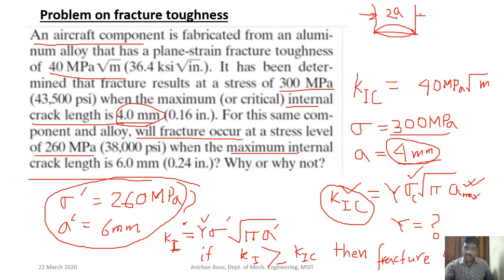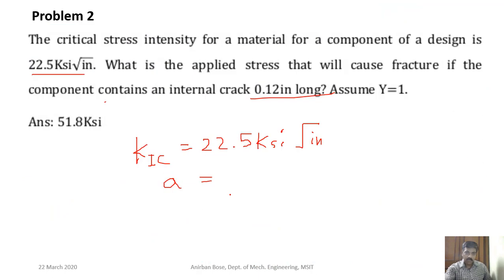So actually A is 4 millimeter divided by 2. A is basically half of the crack length if it is an internal crack. Similarly, A prime is not 6 millimeter, because the maximum internal crack length is 6 millimeter; that means A prime is 6 millimeter divided by 2. Please take care of this correction.